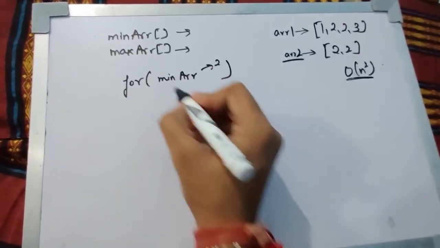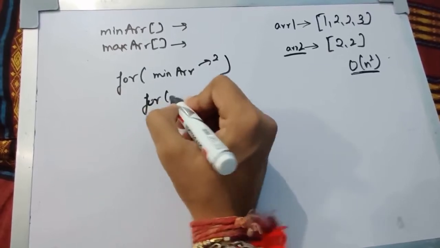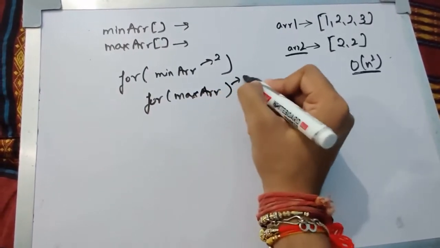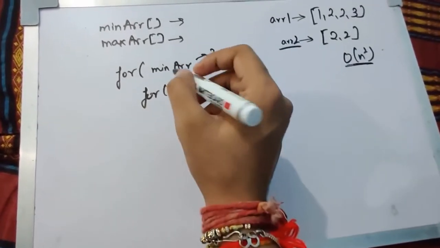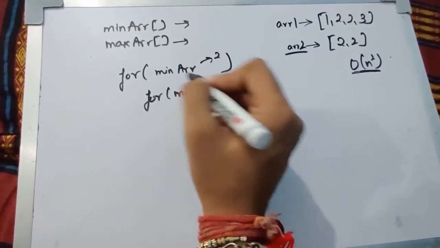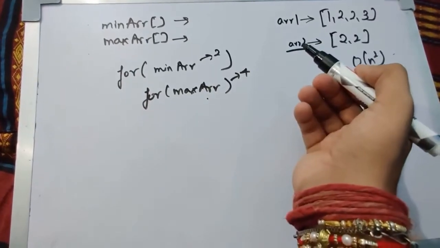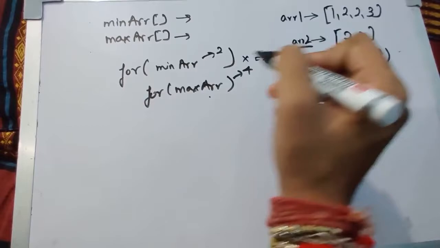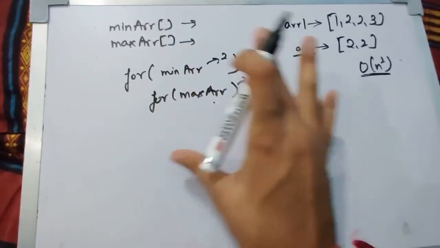So when you iterate over the min array, you again have to iterate over the max array. But isn't it making it the same? Like if you use the max array above and the min array below, it will do the same, because 2 into 4 is 8 and 4 into 2 is again 8. But you can do that, it's okay.